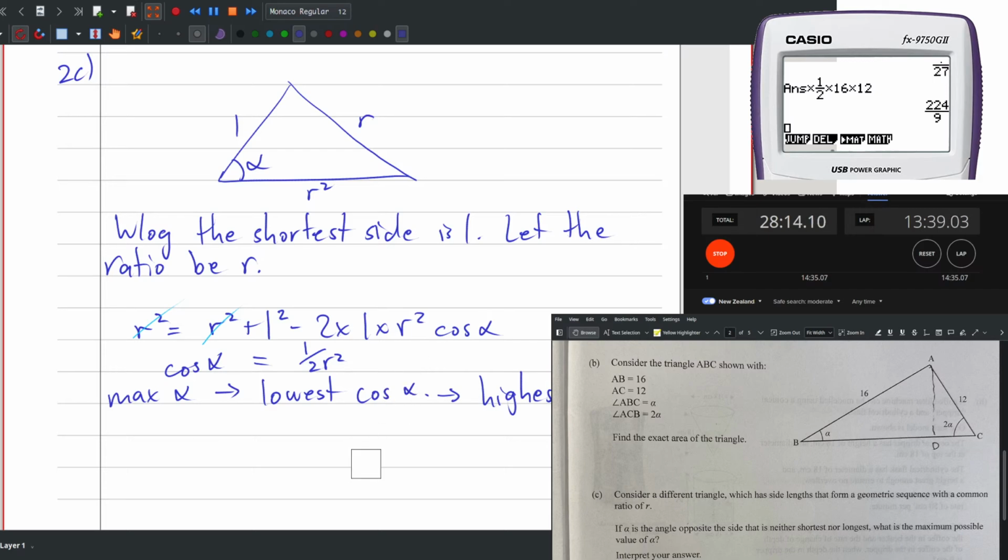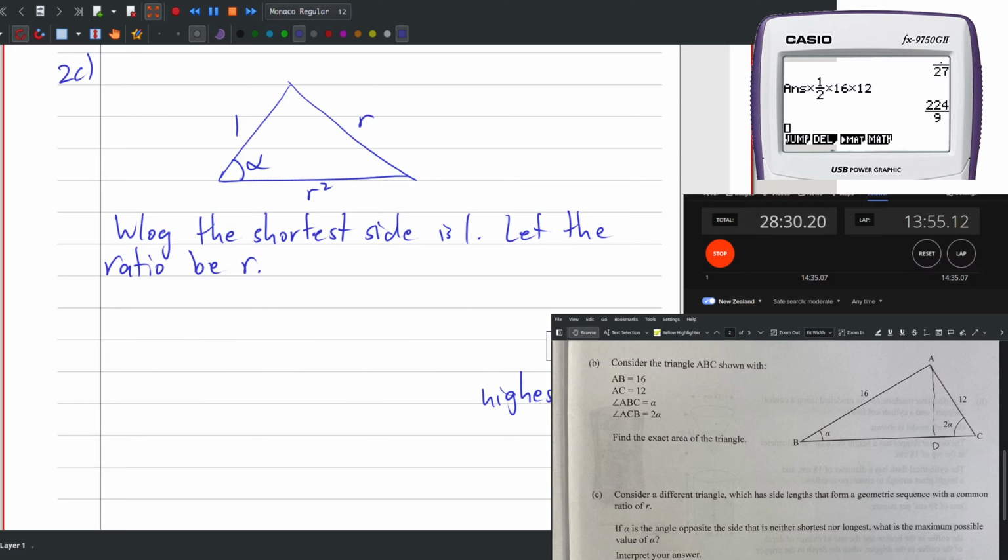So r squared equals. Oh, right. Okay, so this has to be r to the 4 plus 1. Okay, wait. So that changes it then. So r to the 4 equals r squared minus 1 plus 1 minus 2 times r squared cos. Okay, that looks better.